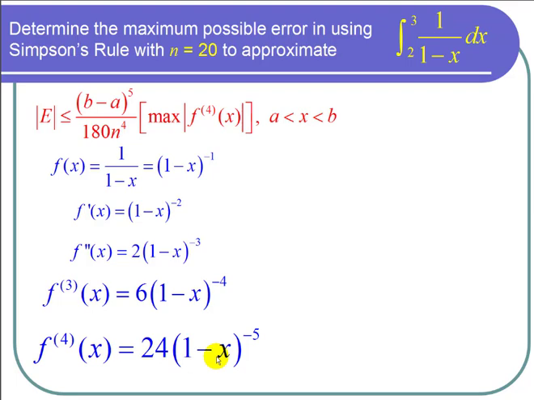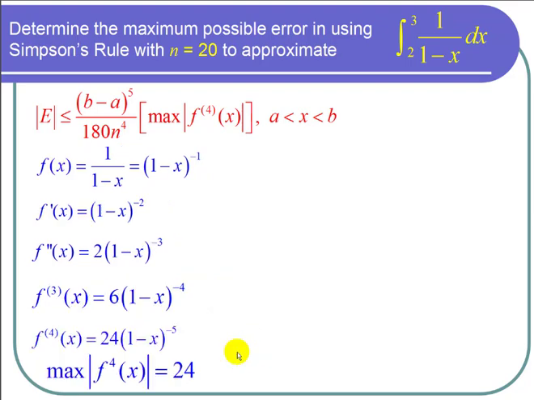So the very maximum this fourth derivative could be is when x is equal to 2, and then you get 24 times negative 1 to the negative fifth power in absolute value, which is just 24. So we could say the maximum of the fourth derivative between 2 and 3 really is 24.